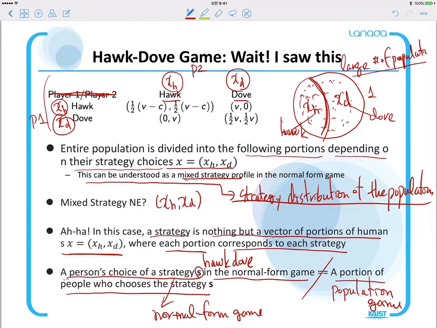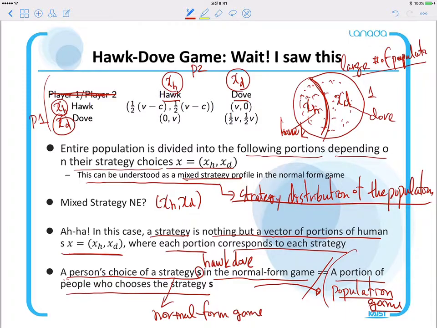I'm just starting from the normal form game that we have learned, whether it is a pure strategy profile or a mixed strategy profile. I have a different perspective of interpretation of one mixed strategy profile in a different context, meaning that I'm going to define this world as a population game.